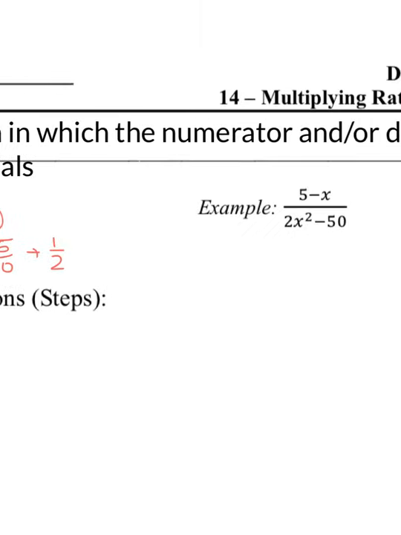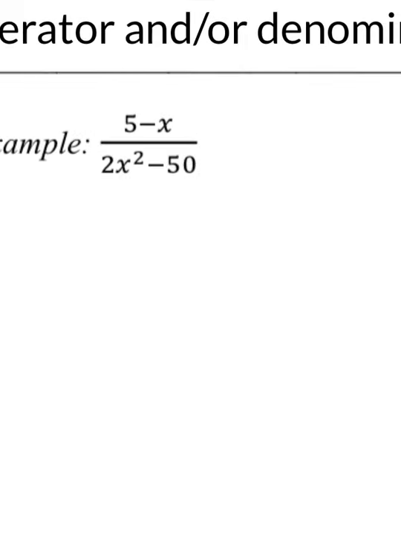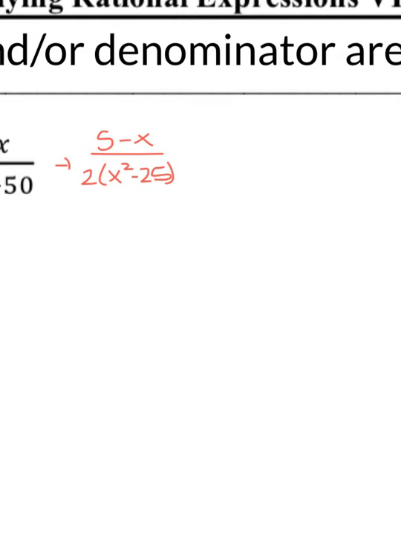Okay, if we look at the second example, 5 minus x divided by 2x squared minus 50. You can't factor the top at all, but if you factor the bottom, first you would take out a GCF of 2, and you're left with x squared minus 25. And then you could factor x squared minus 25 further.